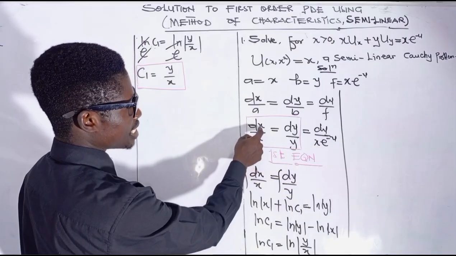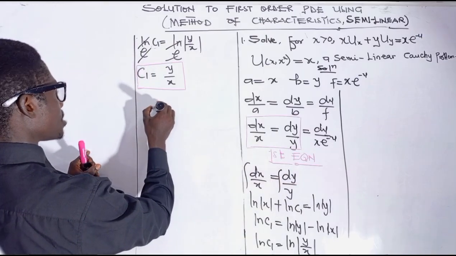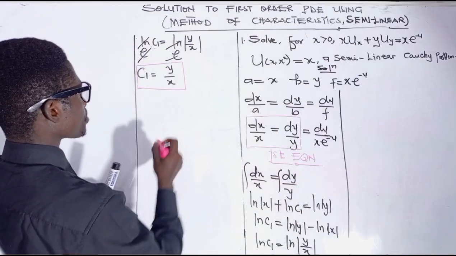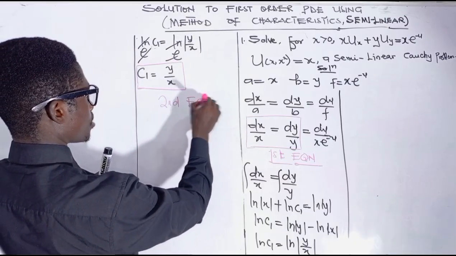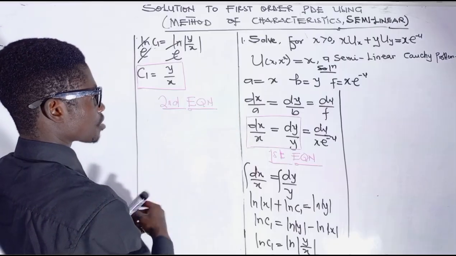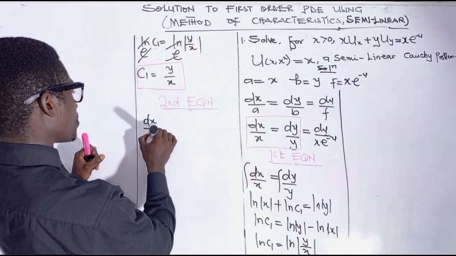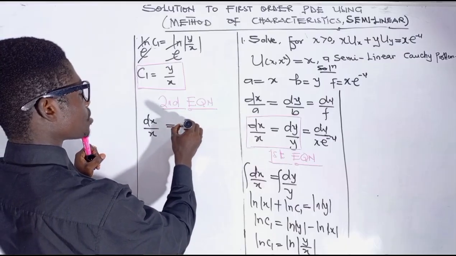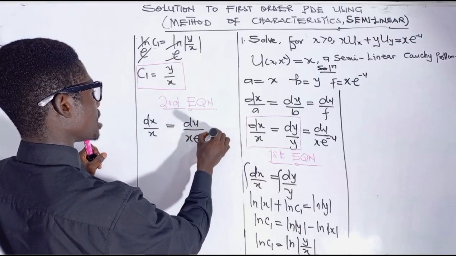So let's pair dx and du. So we have the second equation: dx all over x is equal to du all over x e exponent negative u.